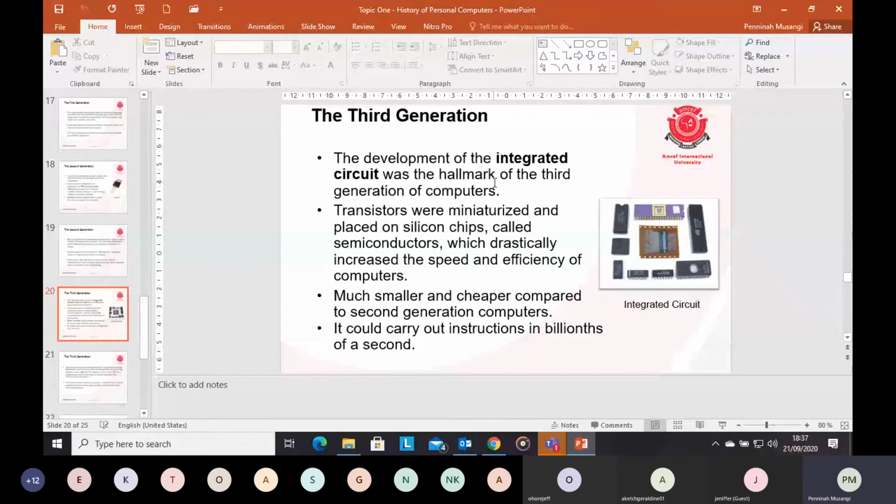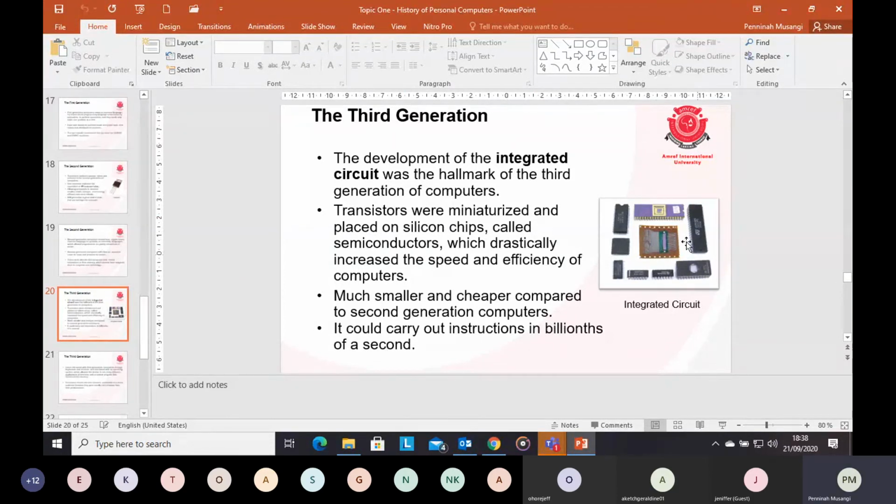Moving on to the third generation of computers, in the third generation, there was the development of the integrated circuit. These are an image of what we call the integrated circuit, and it now replaced the transistors. Transistors were miniaturized and placed on silicon, or what are called semiconductors.